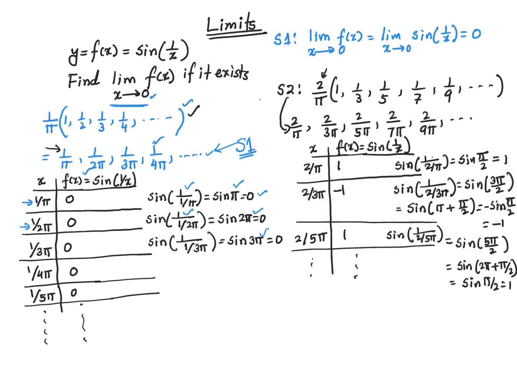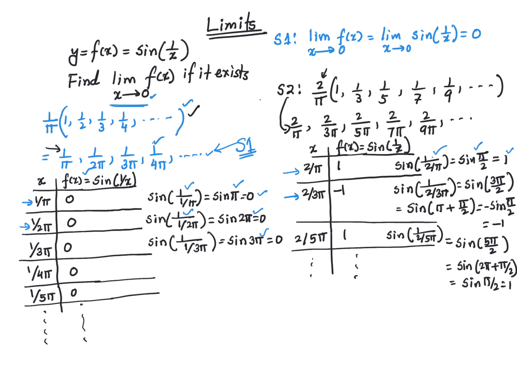As you can see in this table, for x equal to 2 over pi, we get sine of 1 divided by 2 over pi, which is sine of pi over 2, and that is equal to 1. Now when x is equal to 2 over 3 pi, then what happens?